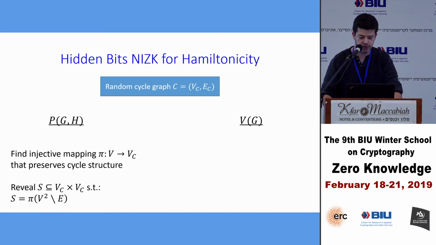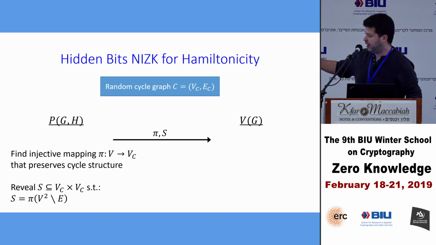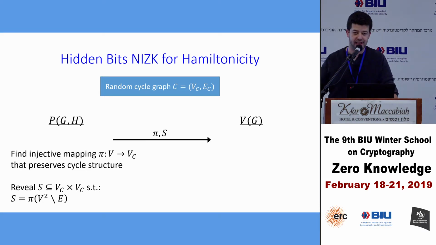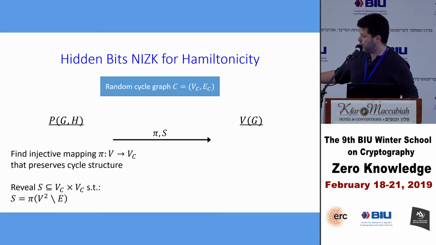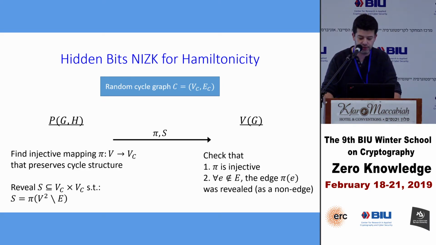What can the verifier do? Oh, sorry, and of course the prover sends over the mapping pi and specifies this set S, and now the verifier can read this set S of points from the adjacency matrix of the cycle graph. What does the verifier do? Well, first of all, given pi, this mapping, he or she checks that pi is an injective function, right?